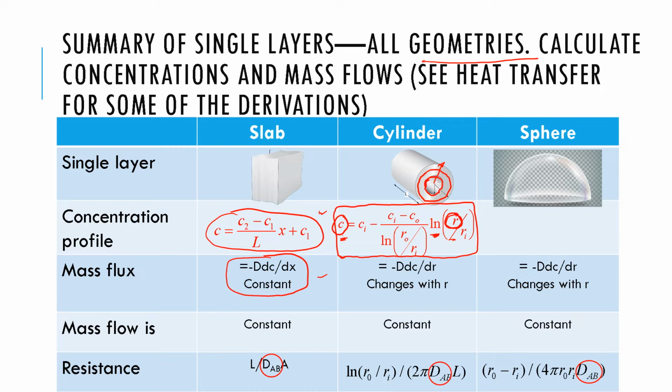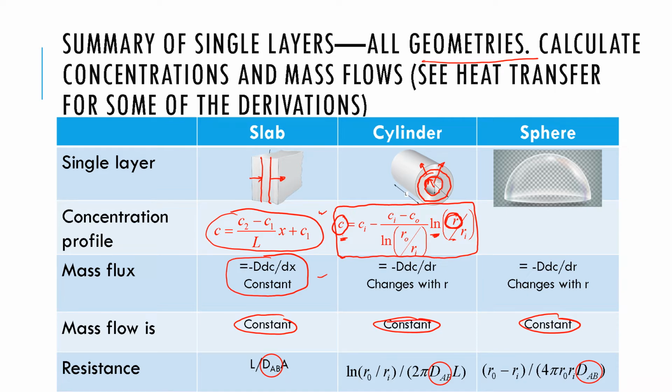Now, mass flow has to be constant for all situations. Why? Because between two layers, the same amount of mass has to diffuse through, otherwise things will not be at steady state. So the same thing here for the cylinder, the same amount has to go through two layers.